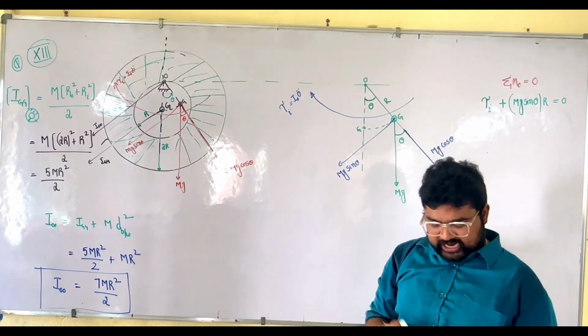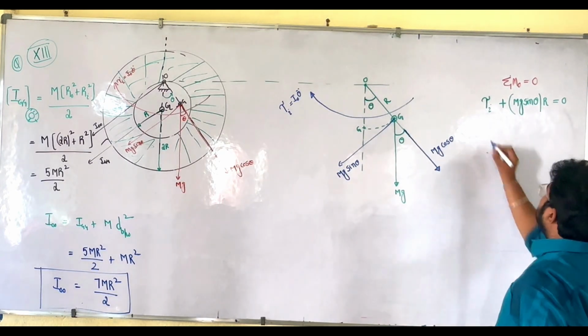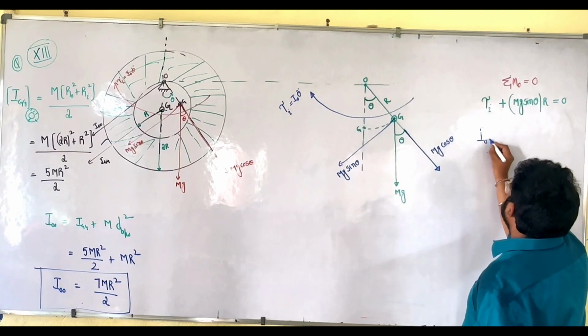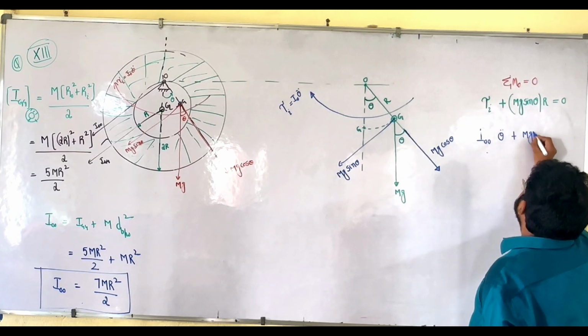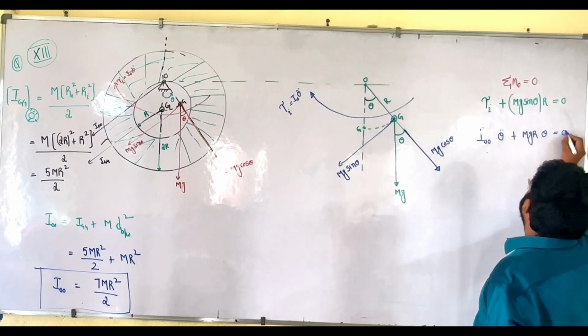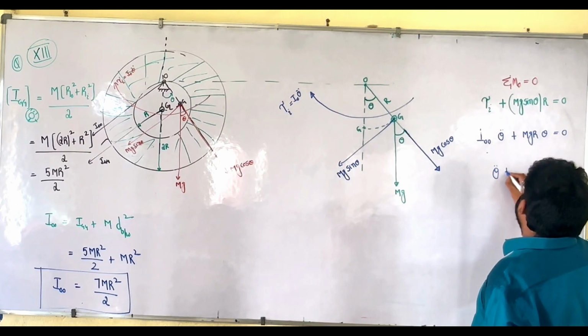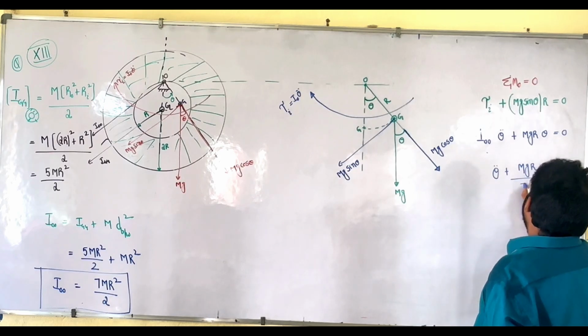What is the inertia torque here? I_O theta double dot plus mg r theta equal to 0. Theta double dot plus mg r by I_O theta equal to 0.